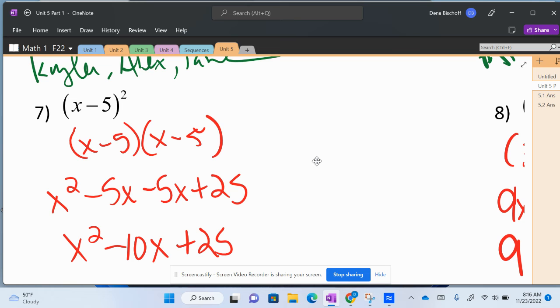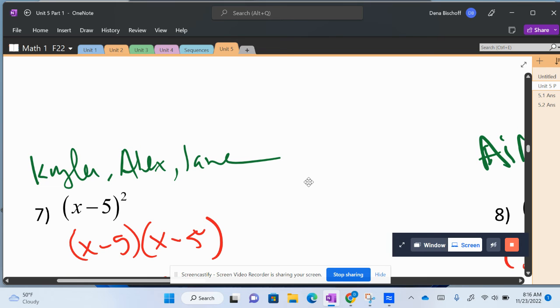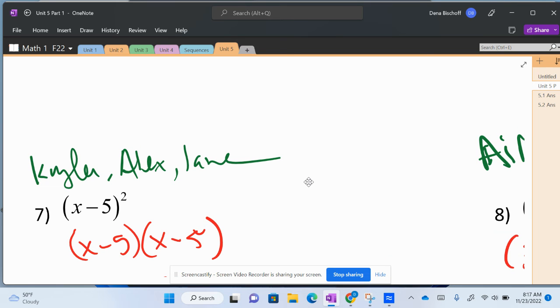Remember what squaring something means. When you square something, it means to repeat the multiplication. Do you guys see that? So I have to take the x times the x, but I also have to take the x times the negative 5, the negative 5 times the x, and the negative 5 times the negative 5.